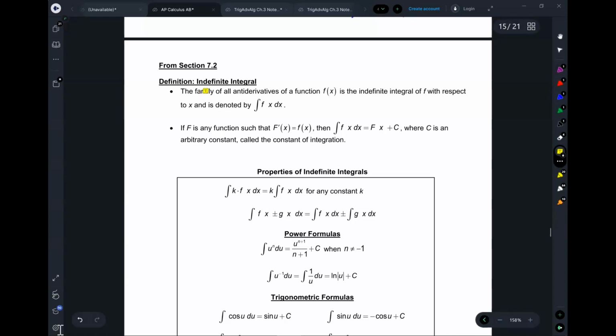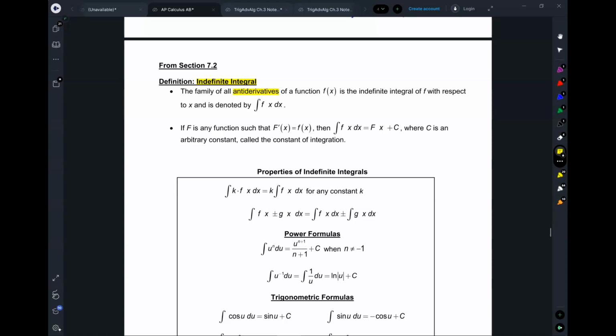In 7.2, the book defines the definite integral. And the definite integral is basically the family of antiderivatives of a function. Okay, what the heck is that word, antiderivative? Antiderivative is exactly what you guessed, basically the opposite of a derivative. Okay? Cool.